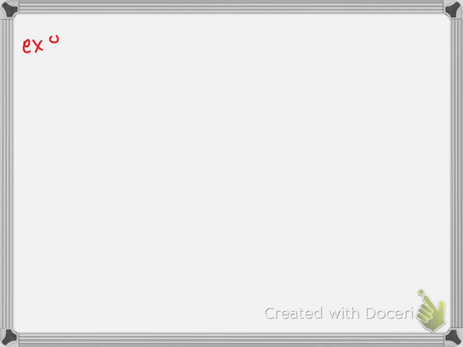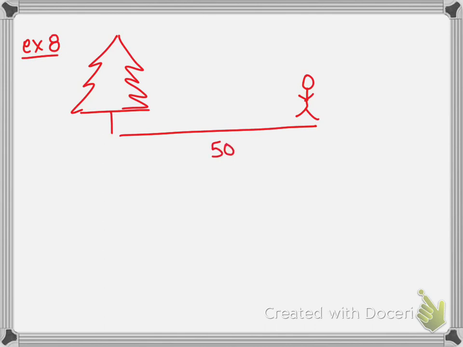Example 8, right from the book. A surveyor is standing 50 feet from the base of a large tree. The surveyor is standing 50 feet from the base of this tree. The surveyor measures the angle of elevation to the top of the tree.